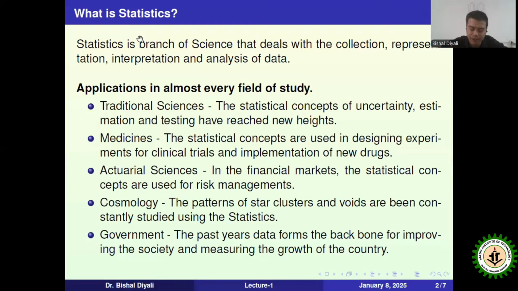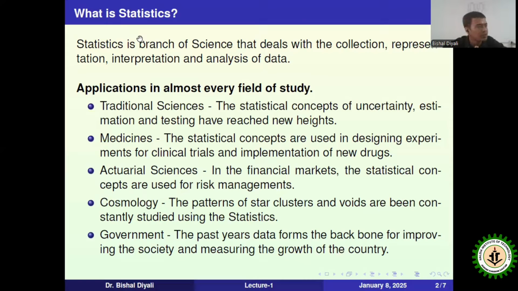There are so many applications of data analysis. Everything that is related with data can be helped by the use of statistics. And data scientists, data analysis, all these things are directly related with statistics.